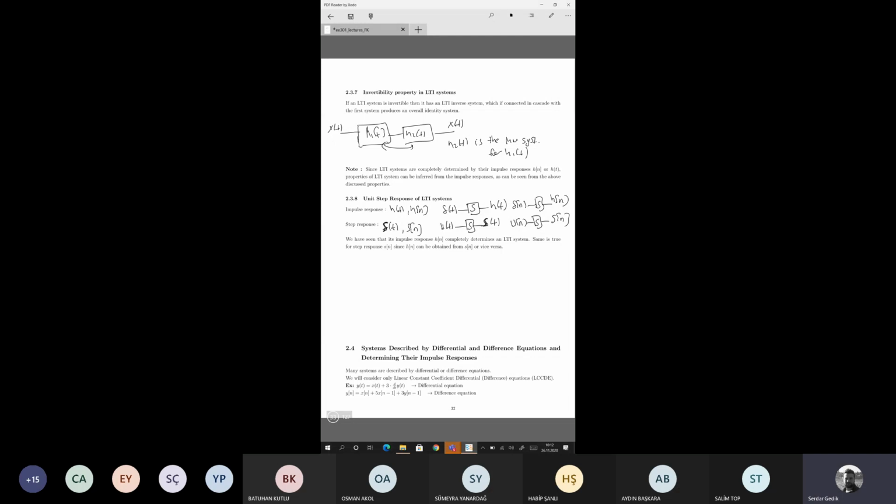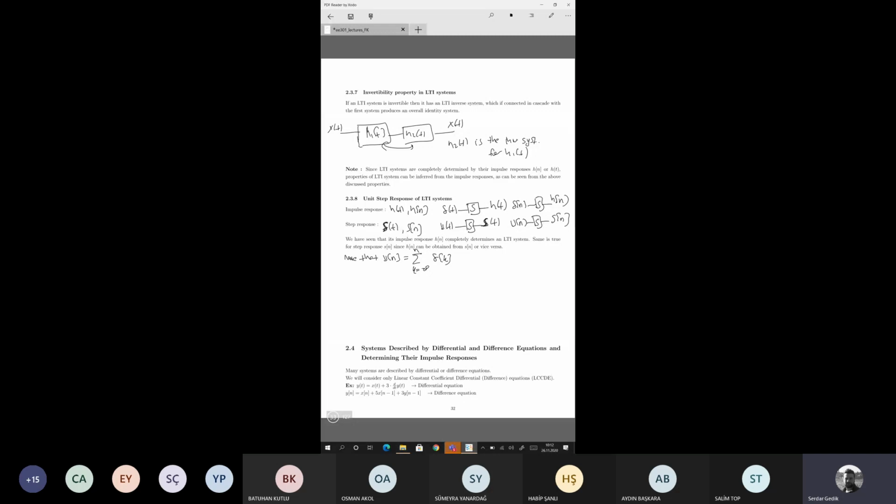Well, first, you should note that u of n is equal to the summation over k from minus infinity to n of impulse of k. Okay, so I can find u of n by summing this unit impulse signal from k equals minus infinity to n.